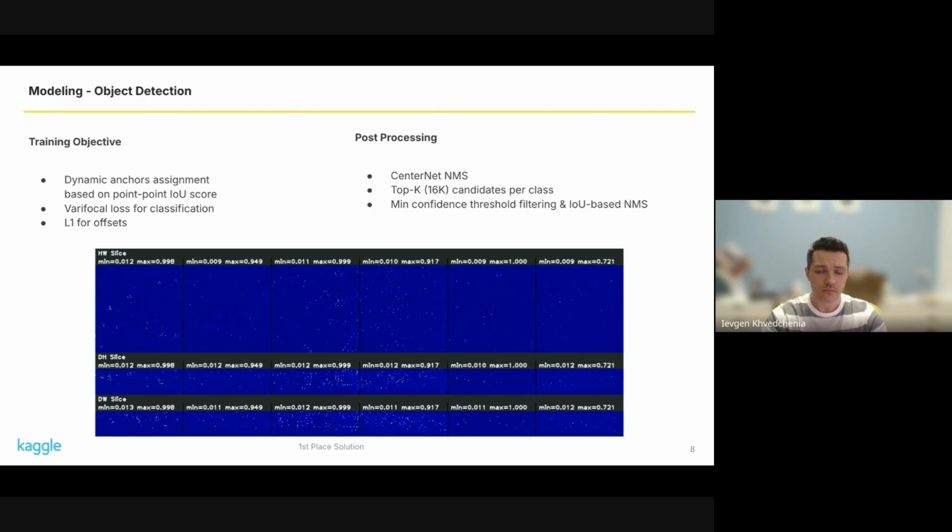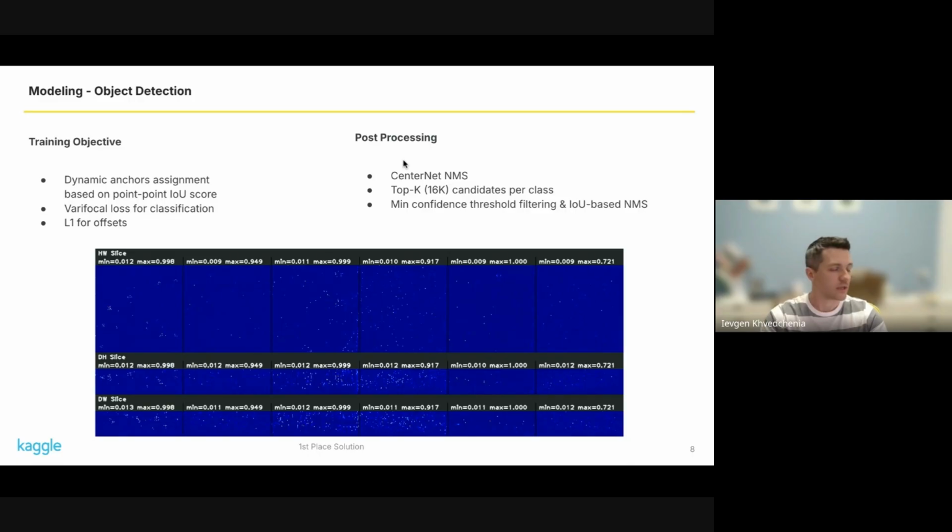This suppresses near-duplicate detections. Then we take the top K candidates per class, do greedy NMS on those candidates, and do threshold filtering with an individual threshold per class. That's how we do the final predictions. And of course, we multiply by 2 to account for the fact that we do the predictions at a stride of 2.